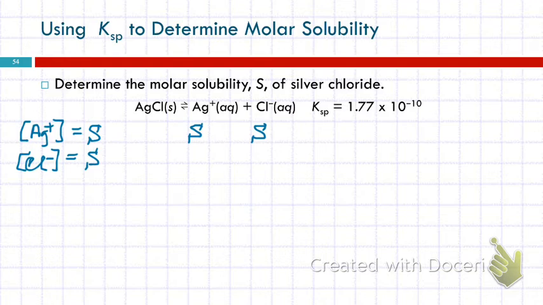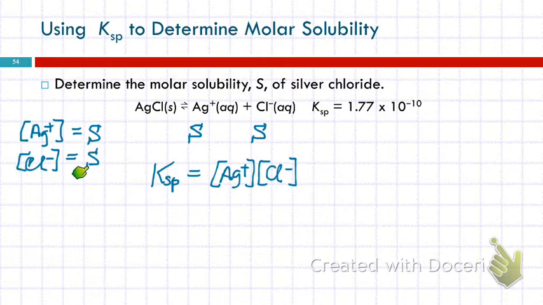What's the solubility product expression for this? KSP equals what? Well, it's the concentration of the products, right? The silver ion concentration times the chloride ion concentration. We leave the silver chloride solid out because it's a solid, doesn't change. Well, we said that this was equal to S and that was equal to S. Let's substitute those in, and then we get KSP equals S times S, which is S squared.